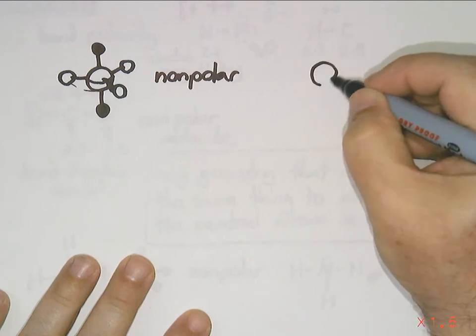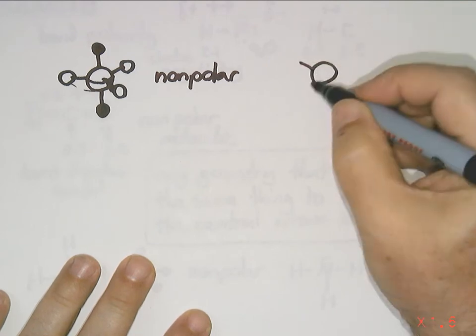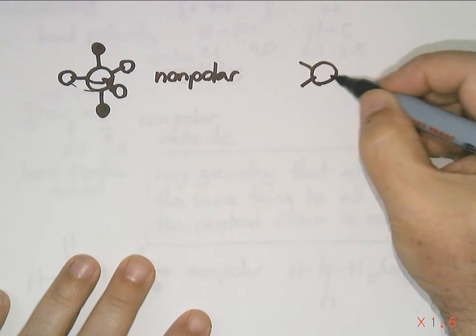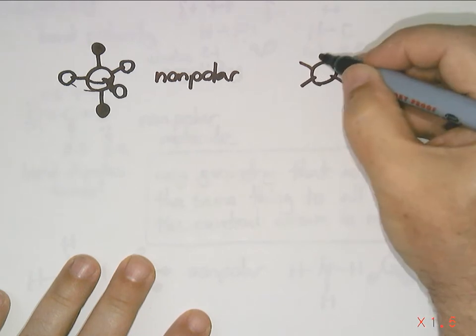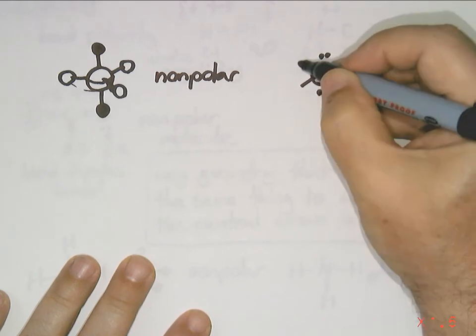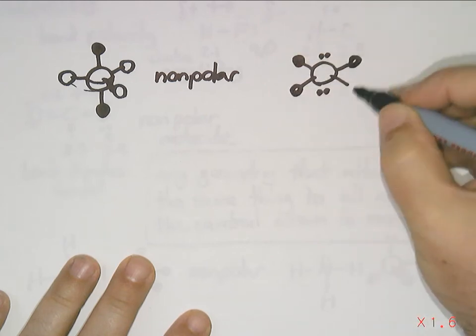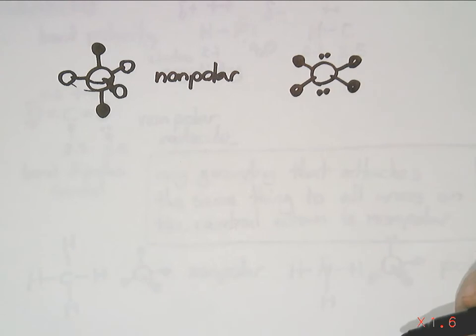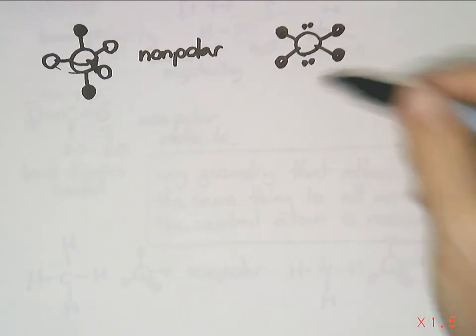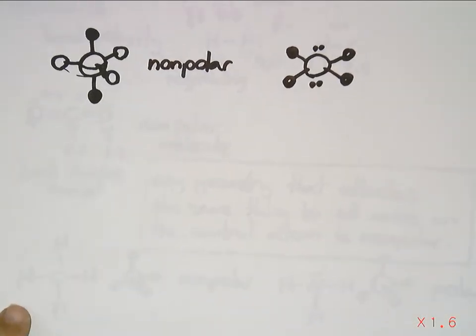Remember, I was talking about the square planar molecular geometry. Anti-cancer drugs called cisplatins have this molecular geometry. Now it's got different things that are attached around the central atom.